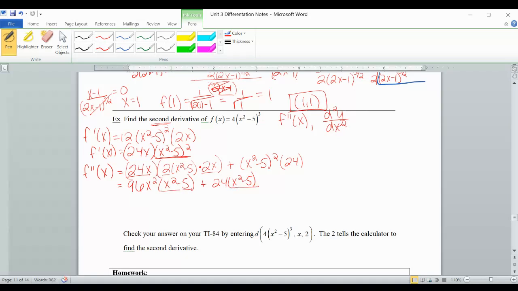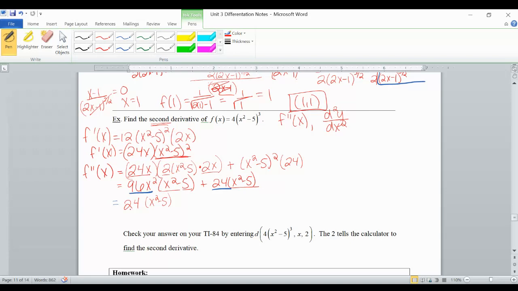So you can factor out an x squared minus 5, and both of these numbers, the 96x squared and the 24, have a factor of 24. So I'm going to factor out a 24(x squared minus 5) from each of them because that's what each of these terms contains.